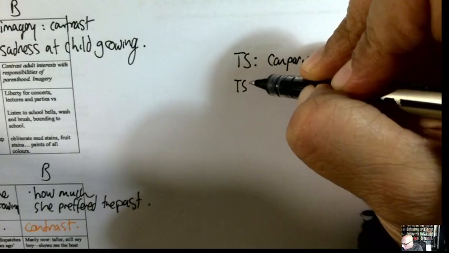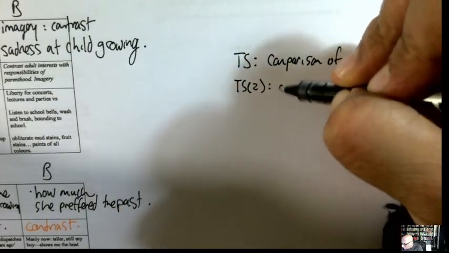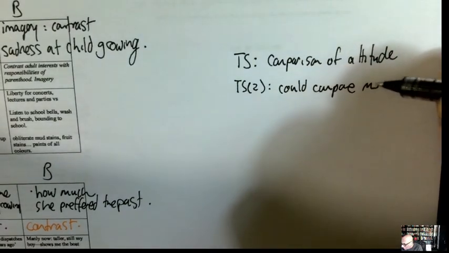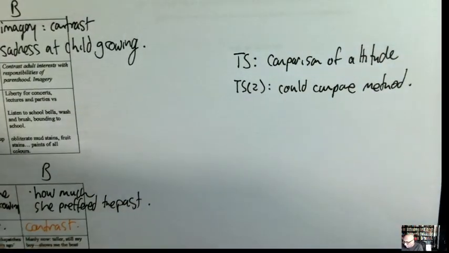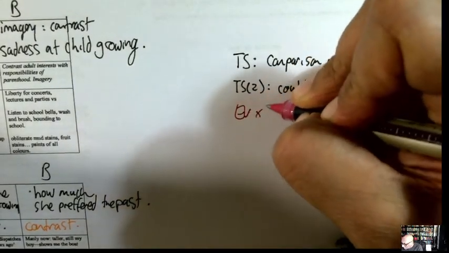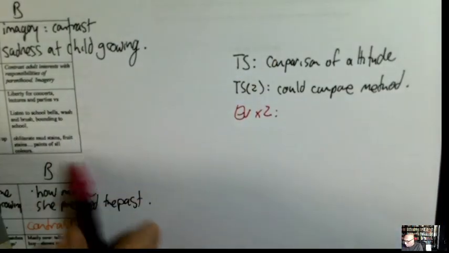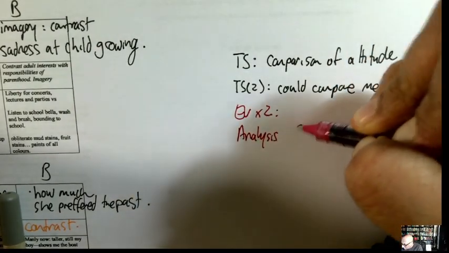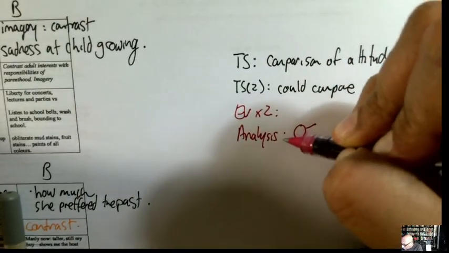You could compare method. You want evidence times 2. You always want 2. You want analysis. Squeeze the key word.